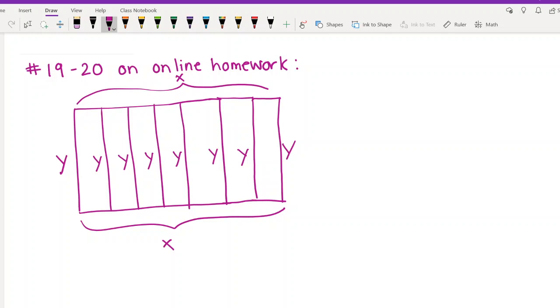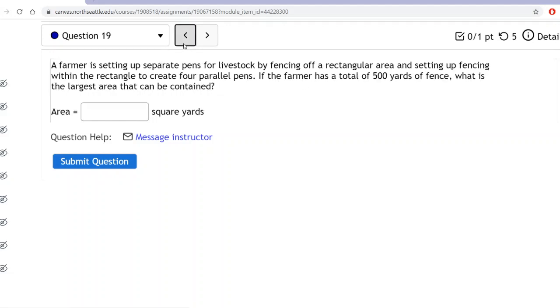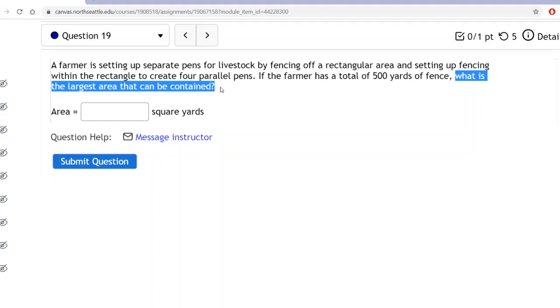One other thing I want to mention about these two questions on the online homework is that they're very subtly different from each other. Number 19 is very similar to the one that we just did because it tells you the total amount of fence that the farmer has, and then it asks you for the largest area. The picture you'll draw will be different, but the process will be similar, except that it's not asking for dimensions, it's asking for area.